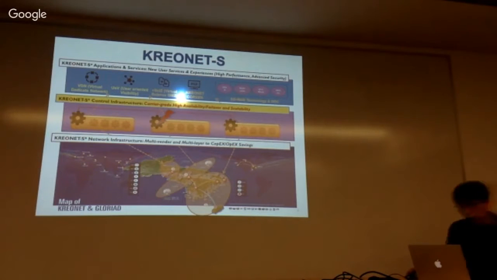And the KREONET-S control platform adopts ONOS to provide carrier-grade high availability, failover, and scalability, which are all related to very reliable SD-WAN network operation. And there are KREONET-S application and services, which are the most important building block because this layer directly interacts with end users to give them user services and experience.